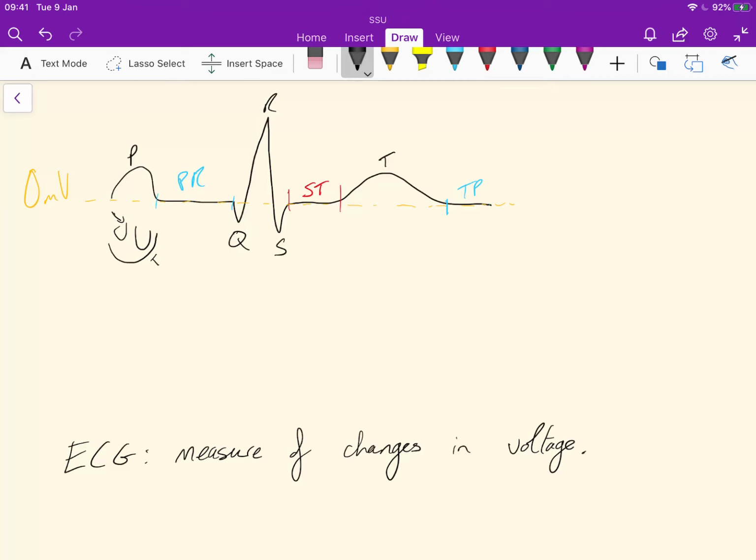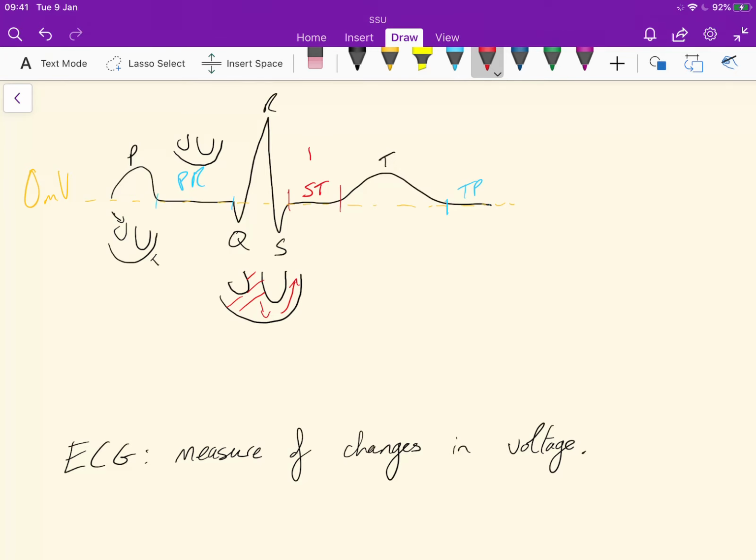With a PR interval, the ventricle is still at rest, because there's no signal travelling through it at this point. With a QRS complex, by the end of it, the whole thing is depolarized, but during it, we see a wave of depolarization moving through it, first down here, and then up the ventricle.